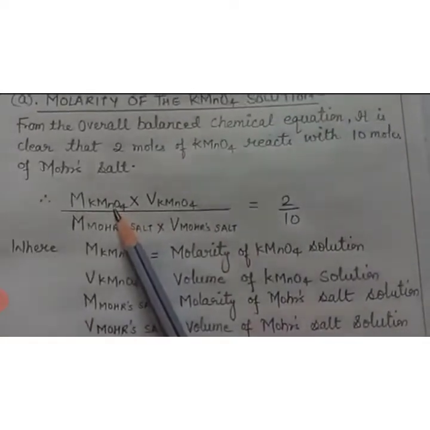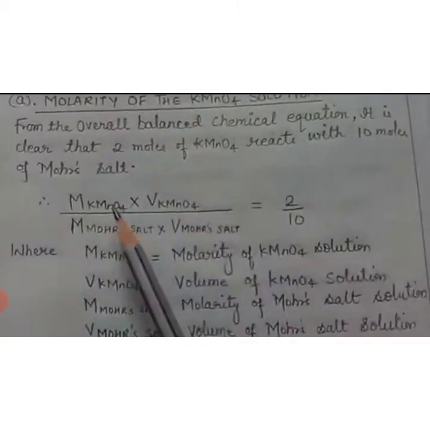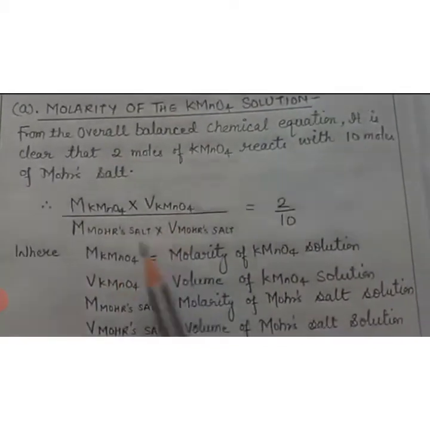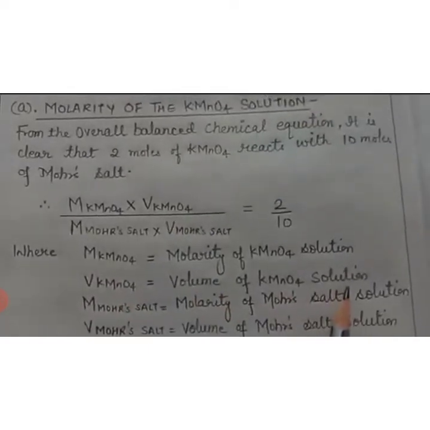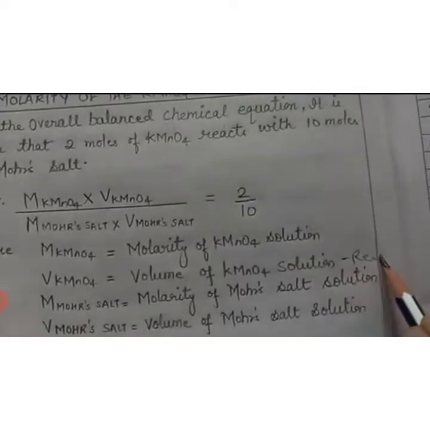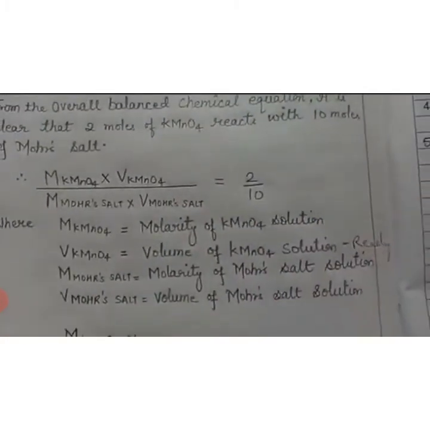So M of KMnO4 stands for molarity of KMnO4 solution, which we need to calculate. V of KMnO4 means volume of KMnO4 solution used, which is nothing but the concordant reading which we are getting.